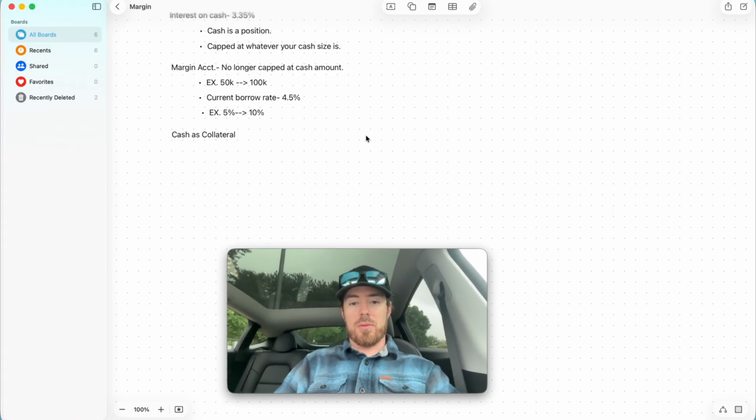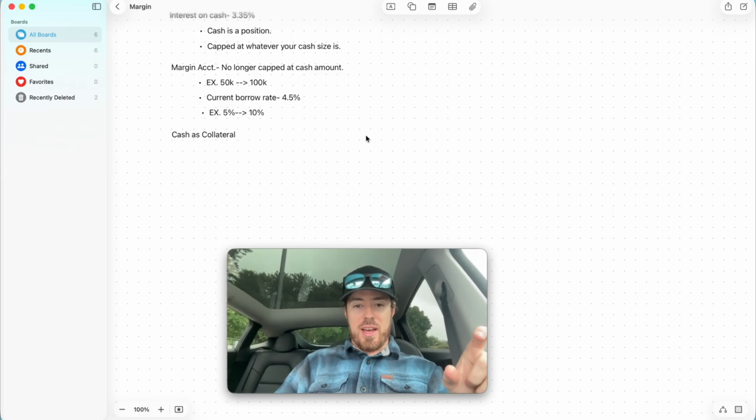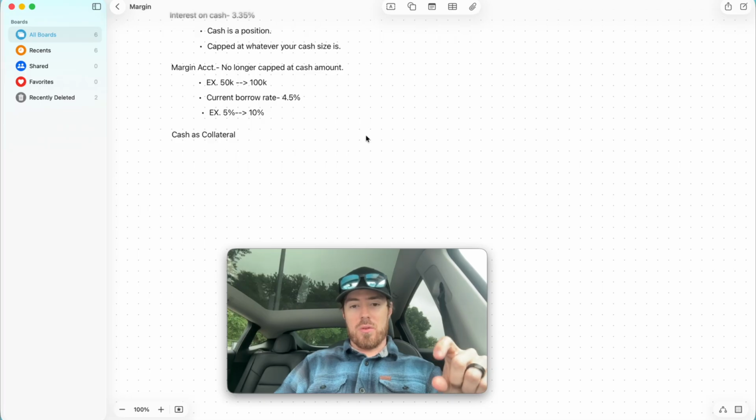So as an example, you use that final bit of cash that you're saving, and you decide that you don't need it anymore. You switch to a margin account, you use that cash on some stocks. As an example, you borrow $50,000. If you make 1% of that, which you could get in a day, that's $500.